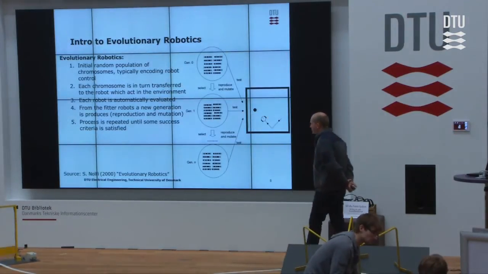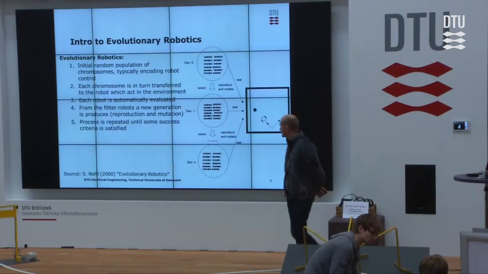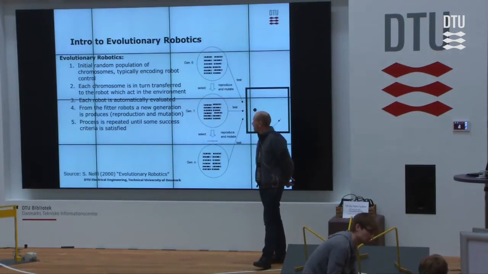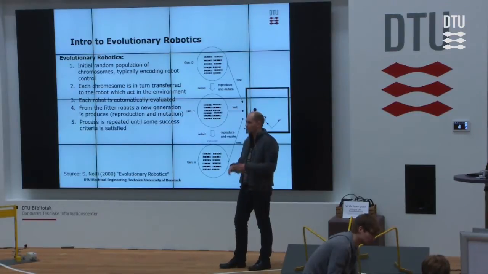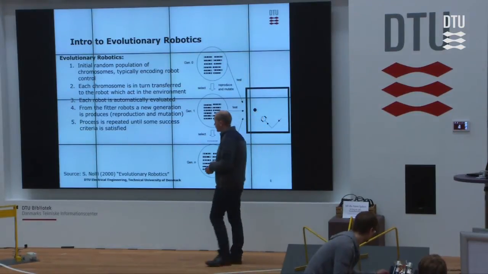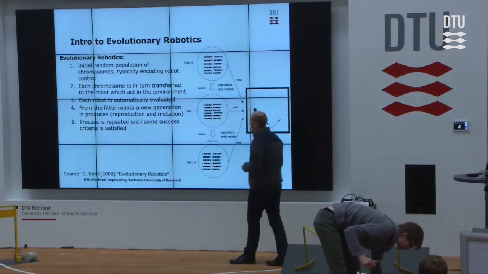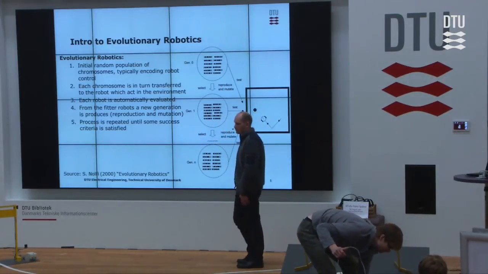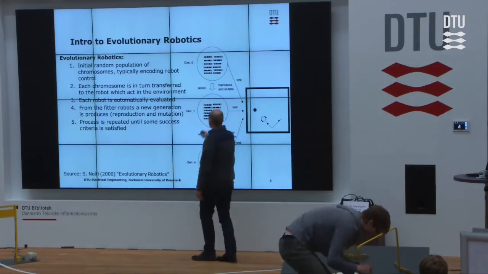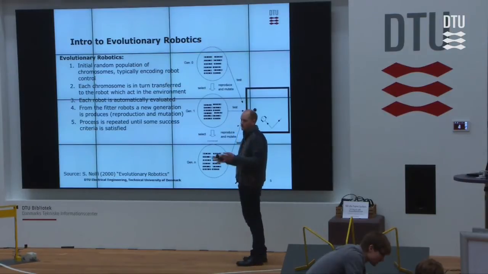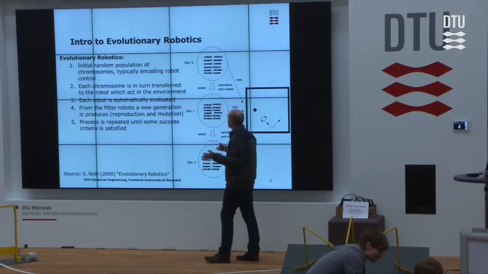So typically an evolutionary robotics process will look like this. You start with some random population of robots. These are called chromosomes in the literature, kind of like our genes, which are somehow encoding the control of the robot. So you could imagine each of these is a different robot controller, basically an array of numbers.